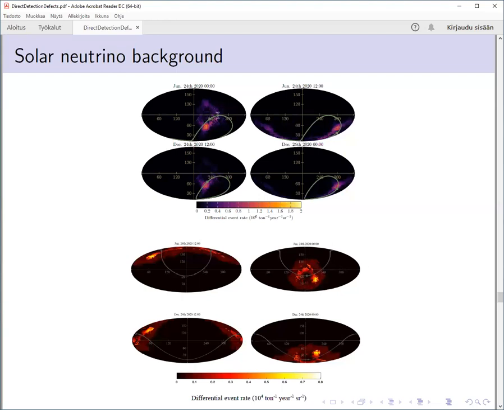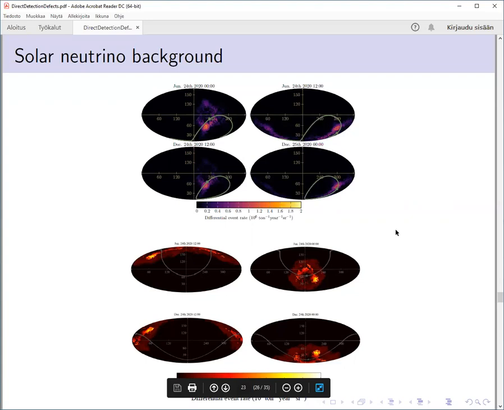Here again, this plot shows the direction of the dark matter at 3 different times of day, and this plot shows the direction of the neutrino events at those same times. You can see that they are always centered on different parts of the surface.